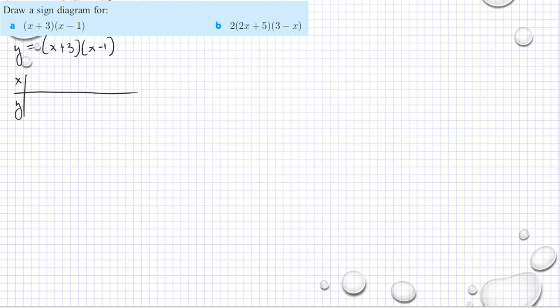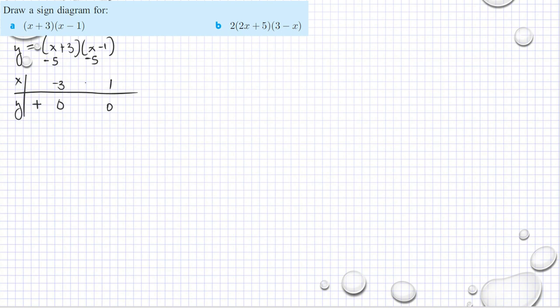So the roots are -3, because it will become 0, and 1, because this will become 0. If I look at, for example, x equal to -5, this is -5, so I have negative and negative. So my sign is plus, positive. Negative times negative is positive.